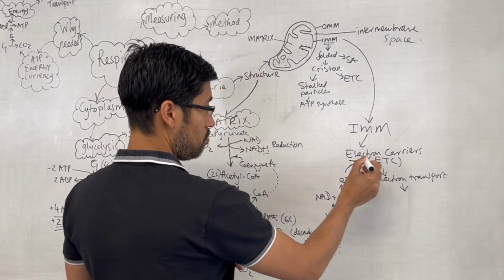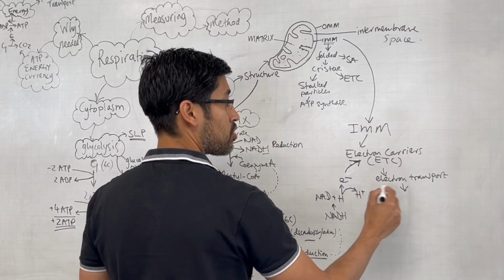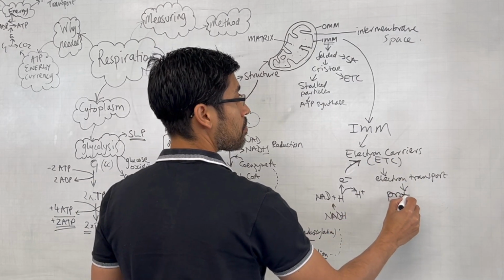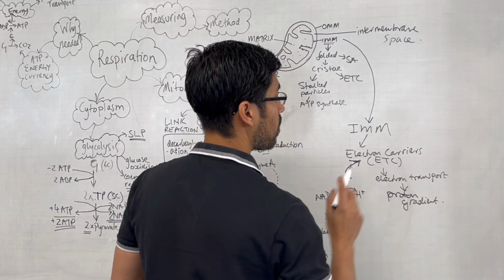So you've got electron carriers, then you've got electron transport, and because of electron transport we build a proton gradient.